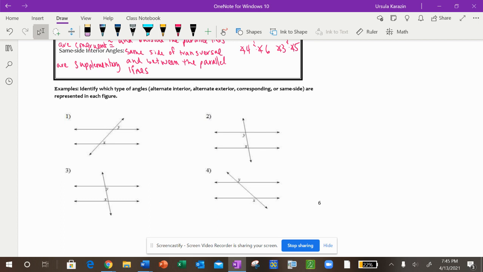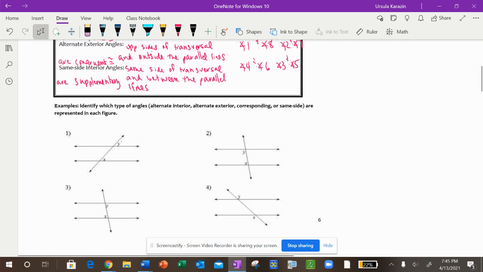The first thing you're going to be asked is to tell what kind of angles they are. So we've got Y and X here. Y is exterior, X is interior. So I can't say alternate exterior, can't say alternate interior because they're not the same. One's in and one's out. And I can't say same side interior. So the only possibility is corresponding.